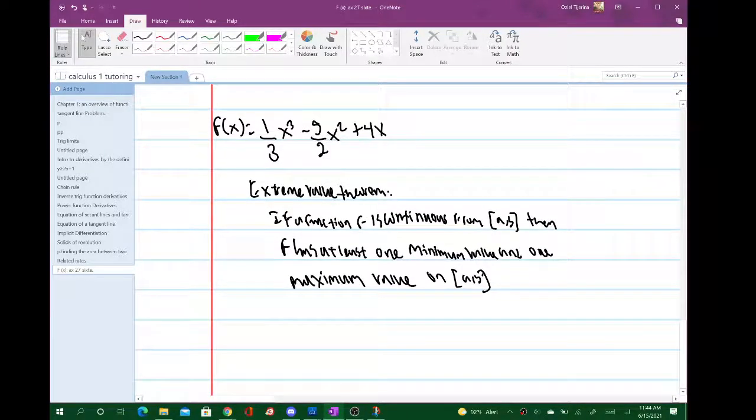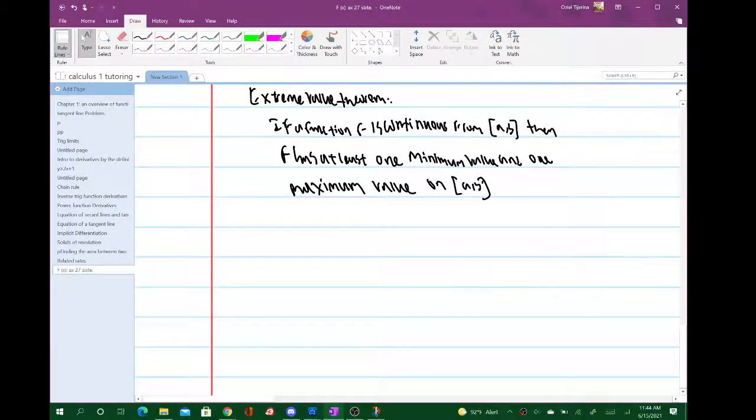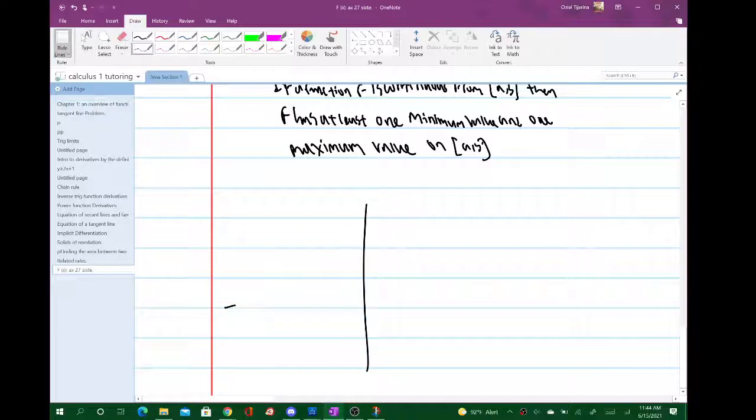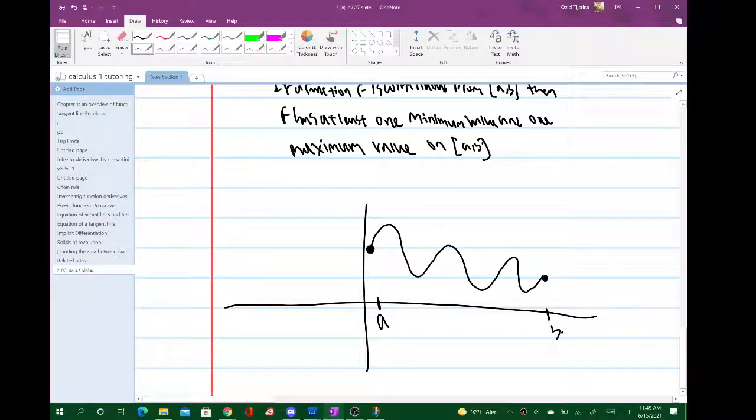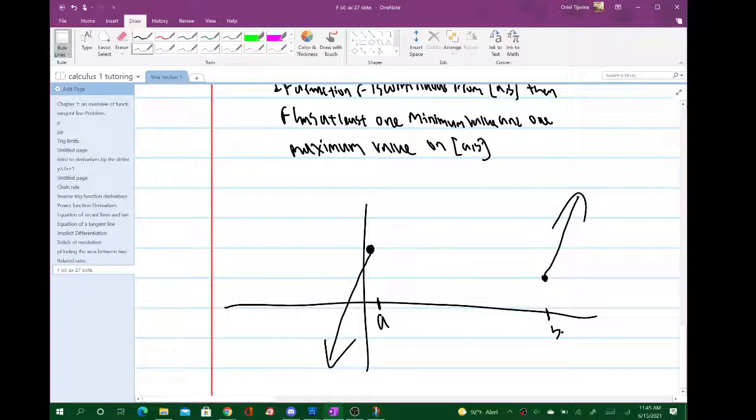So what does that mean? Let's say this is a, and here's b. And let's say this is a function like that.